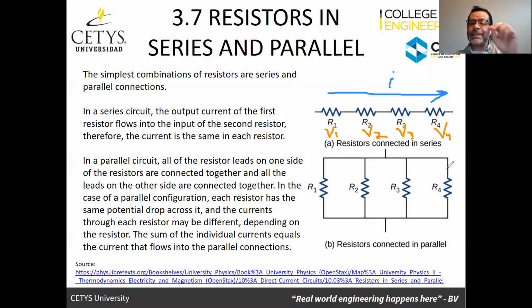So in series, current is the same, voltages are different. All of this comes because we've got one total voltage in the circuit, and the sum of these voltages has to equal the total voltage of the circuit.